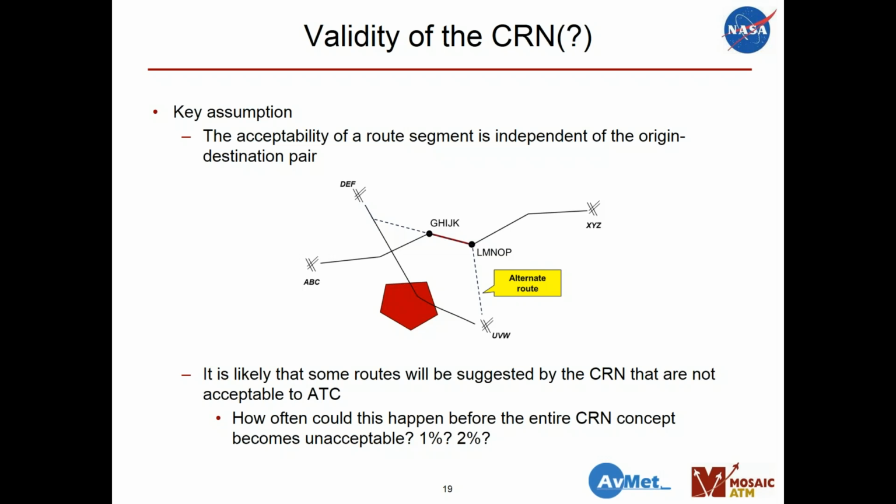If it generates routes that are not actually acceptable to ATC 1% of the time or 2% of the time, is that okay to have errors at that level of frequency, or is the threshold for acceptability higher or lower or different?